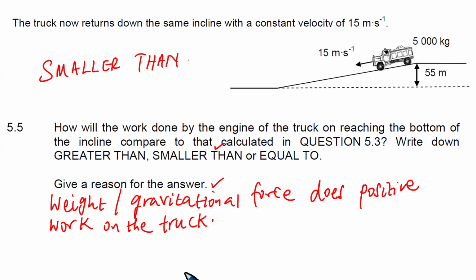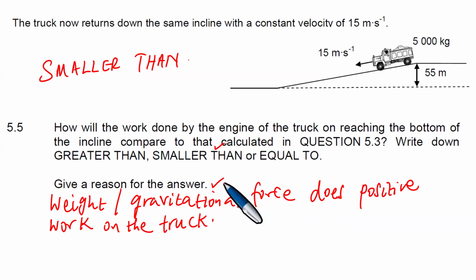And as a consequence, what we're then having here is smaller than, because the weight or the gravitational force does positive work on the truck when it's going down. It is sort of assisting the truck to go down.